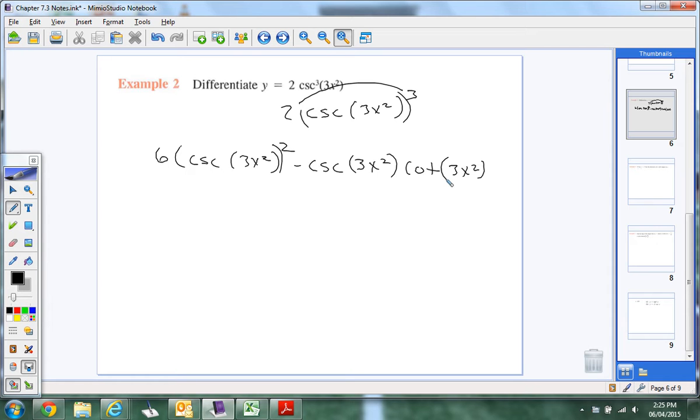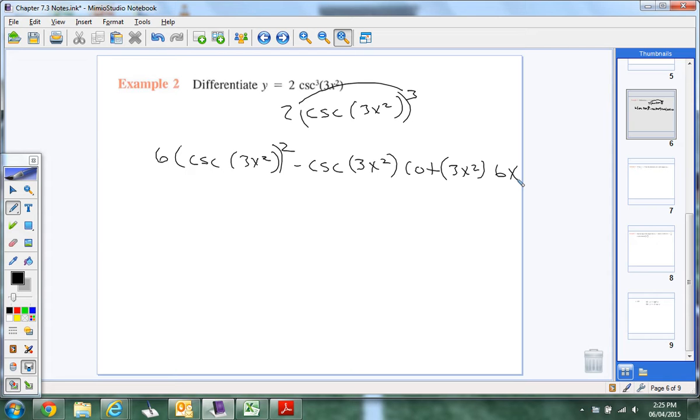And what's the last hook of the chain? 6x. Right.